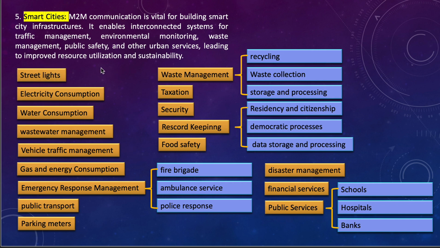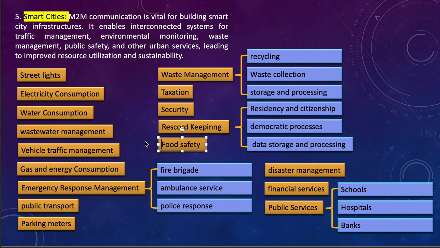So each and every, even if you take street lights, a smart street light system would have cameras and sensors to detect how much traffic is there on one side and give priority to that particular side where there is more traffic, right? Things like that. Security, of course, we talked about when talking about IoT systems: smart cameras, motion detectors, so on and so forth.